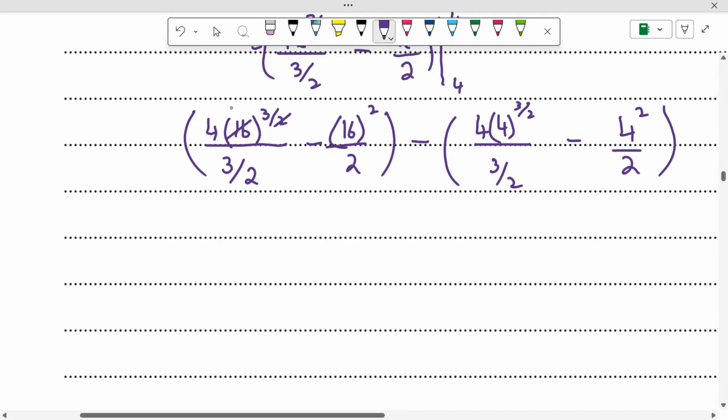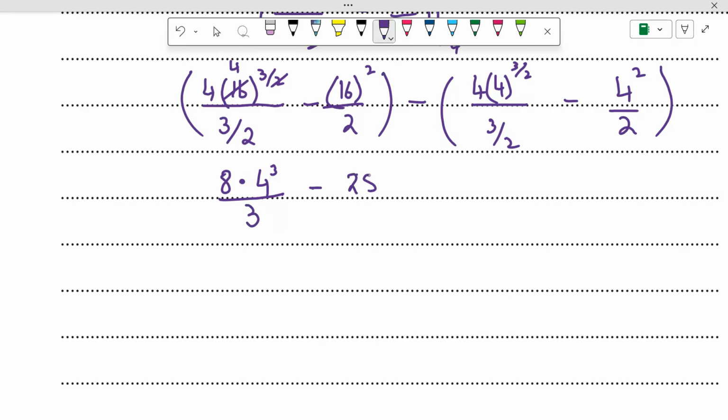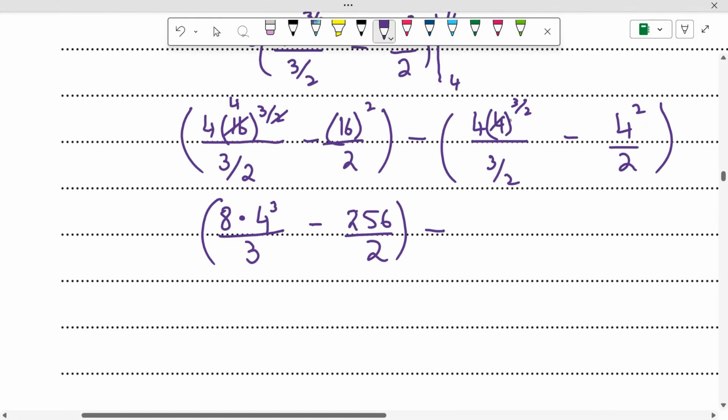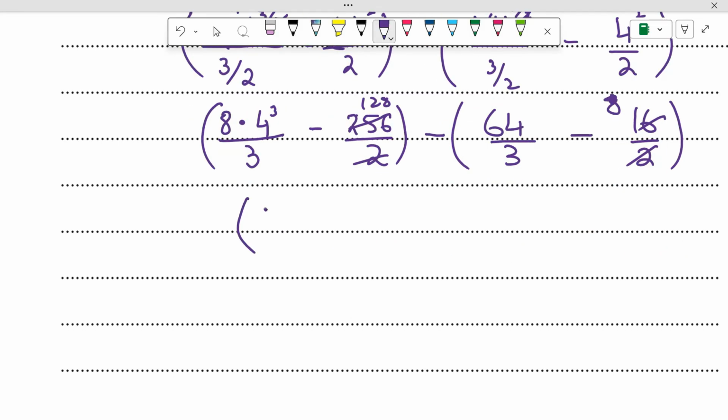Solving further, we have 8 times 4 cubed over 3 minus 256 over 2, minus 64 over 3 minus 16 over 2. So this will be 512 over 3 minus 128, minus 64 over 3 minus 8.